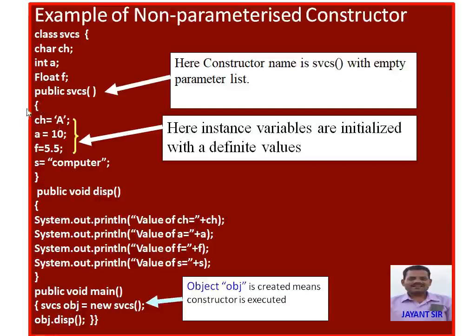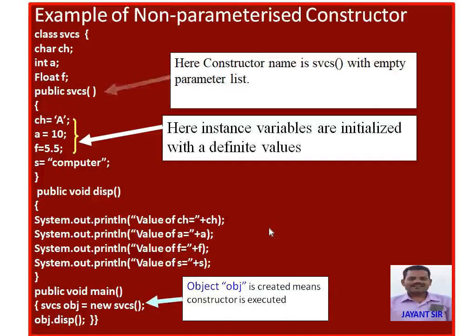From here to here is already executed. Whenever the line SBCS obj equal to new SBCS is executed, the constructor has already executed. Now the display function is called.